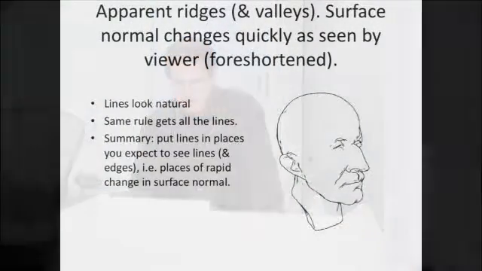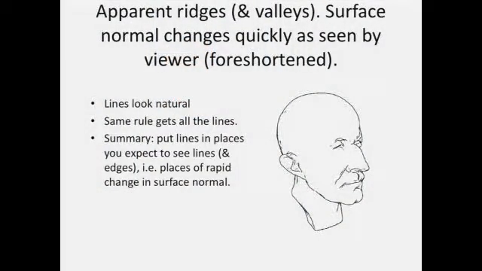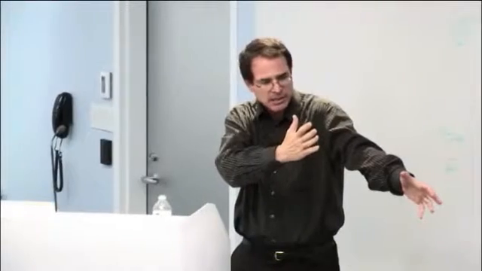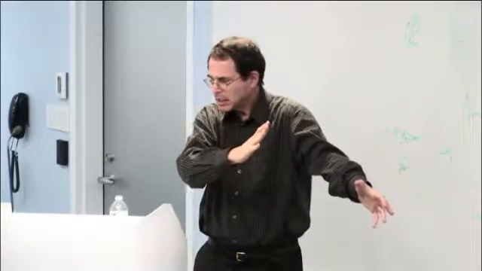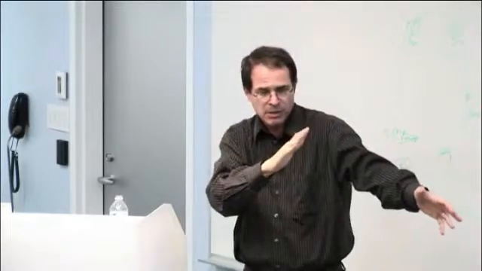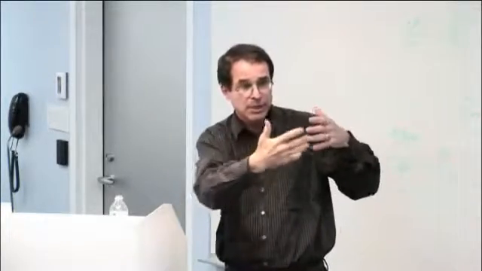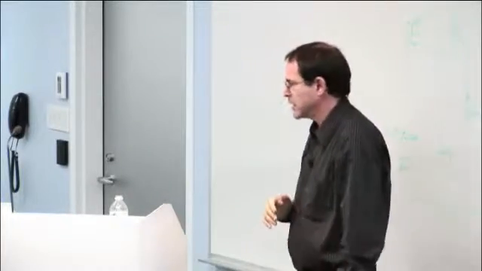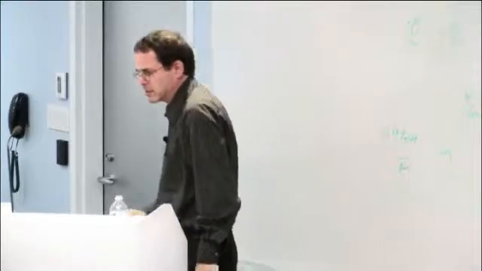If you take this rule, take a shape in the computer, and ask, suppose I'm looking at this shape, where are the surface normals changing quickly? That has to take foreshortening into account, meaning basically the projection. But if you just ask that question and draw a line at those points, you get this kind of a picture.